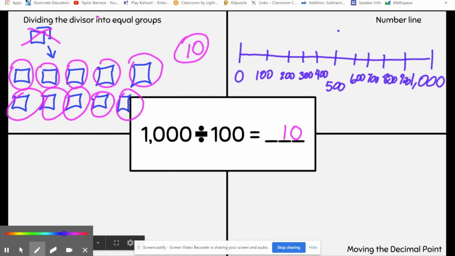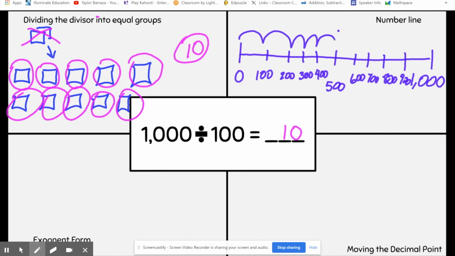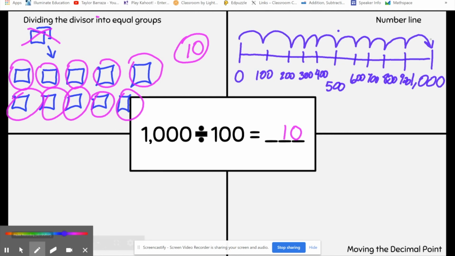I can now see how many times it takes to skip count by 100 in order to reach 1,000. Based on my number line, I would need to skip count by 100 10 times to reach 1,000.